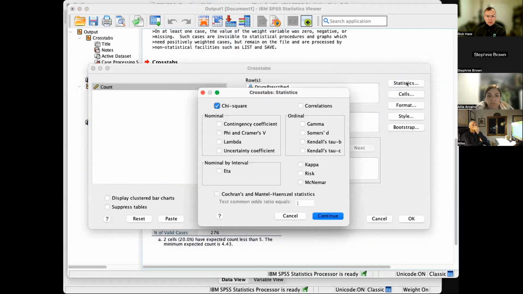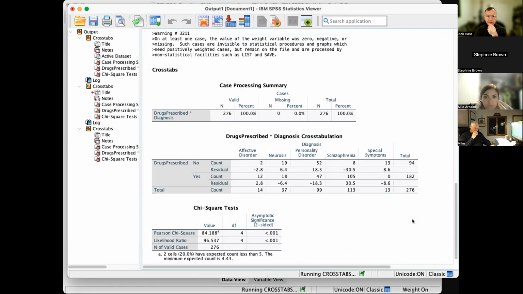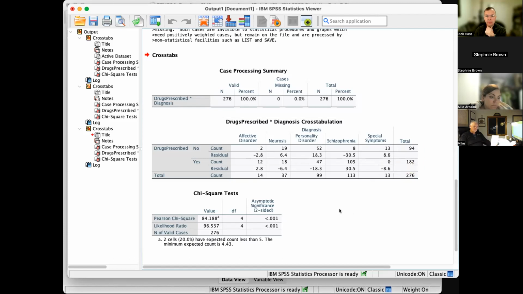They're in here, residuals. So you can see that they're the same. There's only one set of residuals, and those are the raw differences between observed and expected. That's all they are.